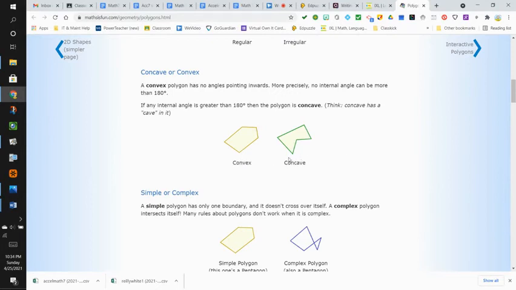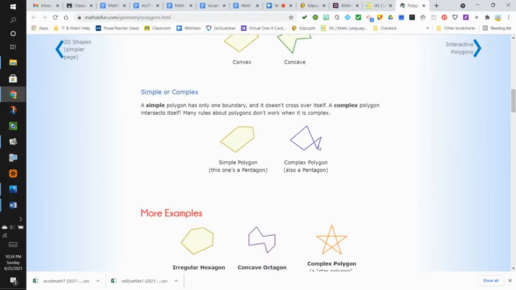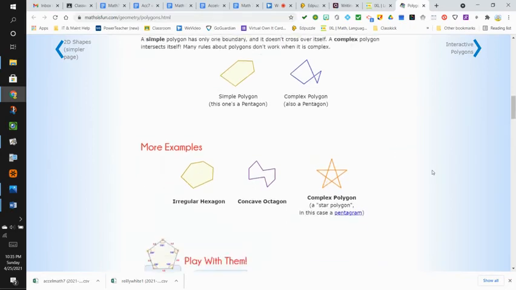You don't have to know that, but concave means that it has kind of an internal piece to it. If any internal angle is greater than 180, it's concave. Here's the simple and complex. We don't call these polygons. The 8th grade textbook doesn't. So they call it a complex polygon when it has intersections like that, but we don't need to worry about that part.